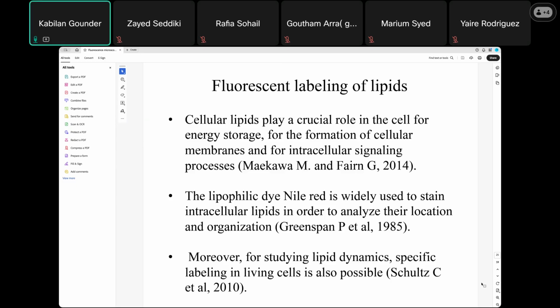Also, lipid labeling helps to understand lipid dynamics. Specific labeling in living cells is also possible for specific studies on lipid dynamics.